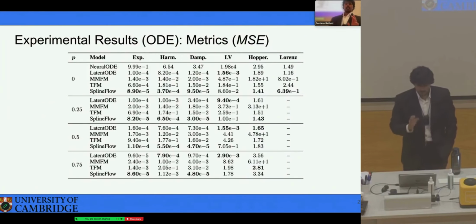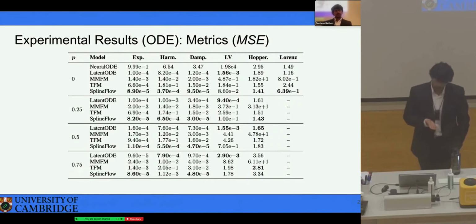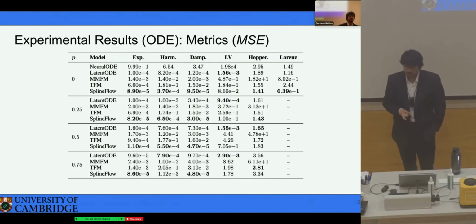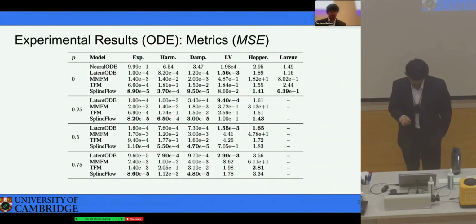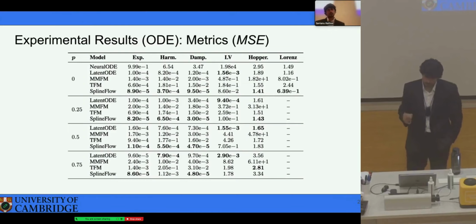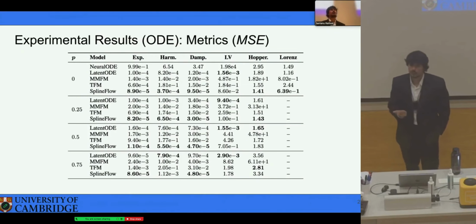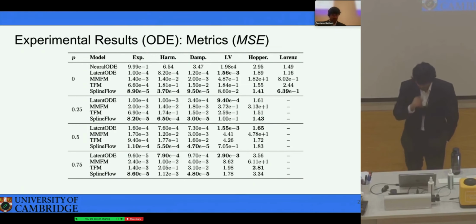These are the experimental results where we benchmark spline flow with neural ODE and latent ODE. MMFM is multi-marginal flow matching, which uses cubic polynomials to approximate the conditional probability path, whereas TFM is trajectory flow matching, which uses linear probability paths.